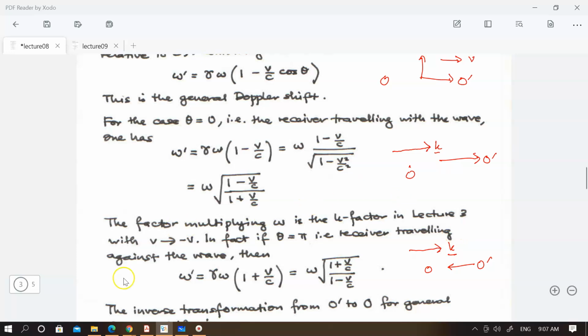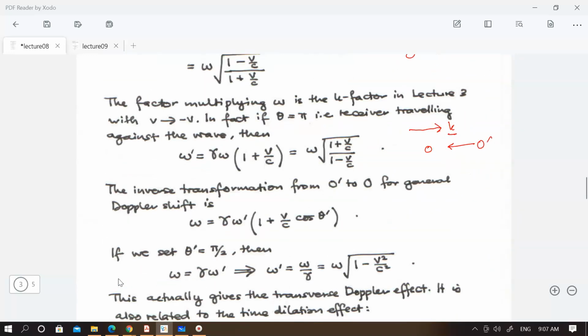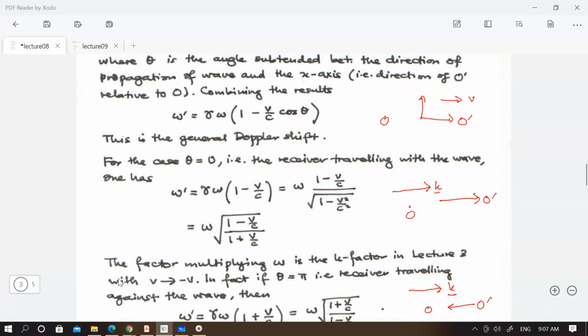So I think we did another thing. We did this particular case. Here we are just inverting the equation that we had earlier, to invert omega and omega dash.